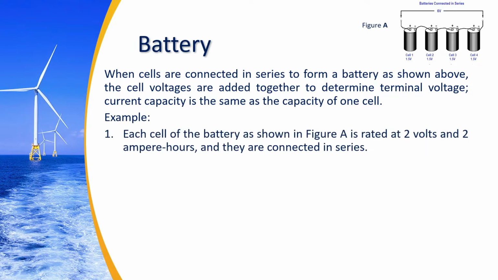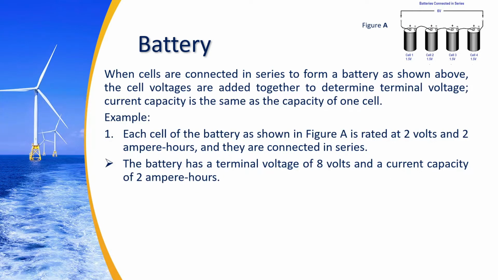So, example, each cell of the battery as shown in figure A is rated at 2 volts and 2 ampere hours, and they are connected in series. So therefore, yung battery has a terminal voltage of 8 volts. So bakit? Kasi kung ang rating ng bawat isang cell is 2 volts, then connected sila sa series, so pag-add na lang natin yan. Or i-multiply natin yung 2 volts times 4.